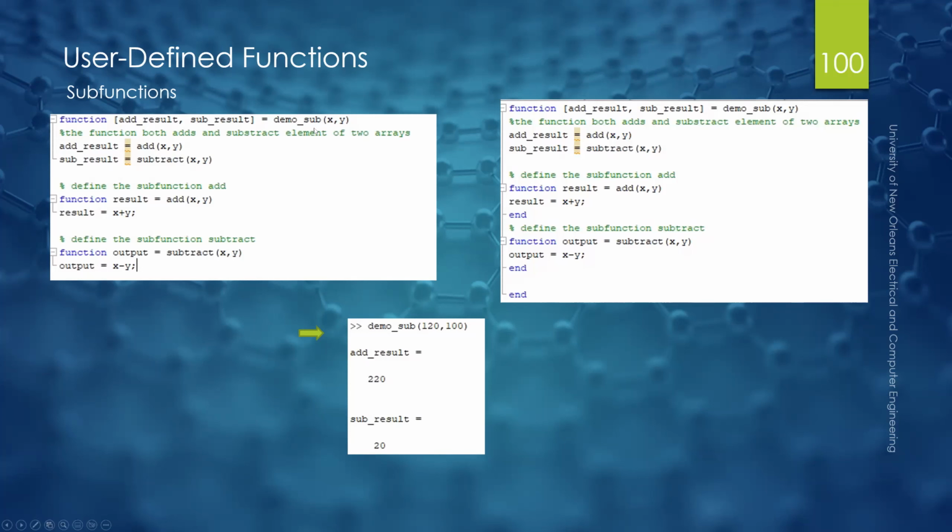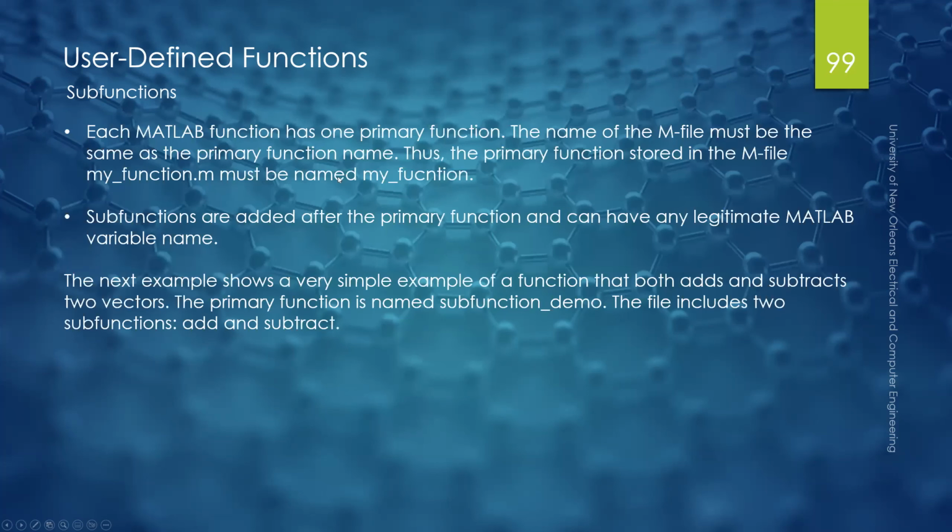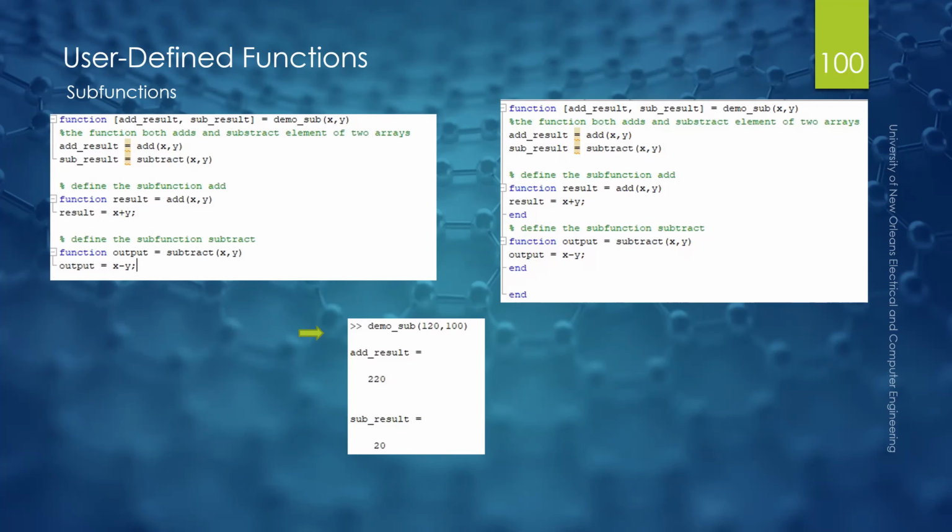That's the name of the function. And we have two outputs, add_result and sub_result. Okay, so this demo_sub function is going to add and subtract two numbers at the same time.